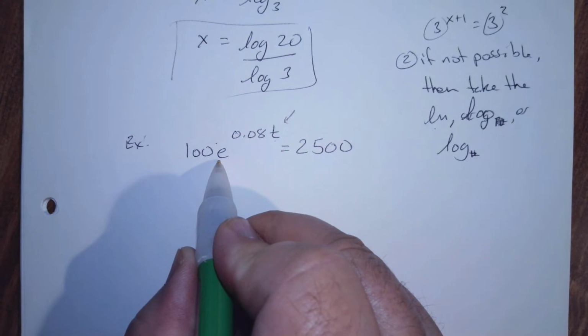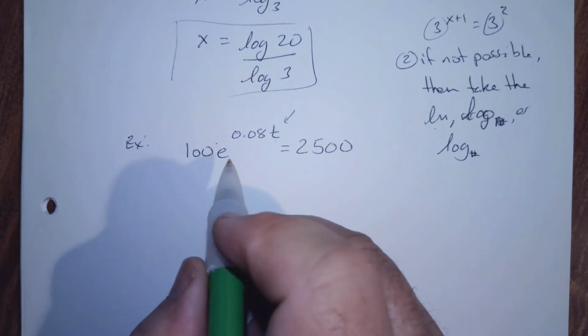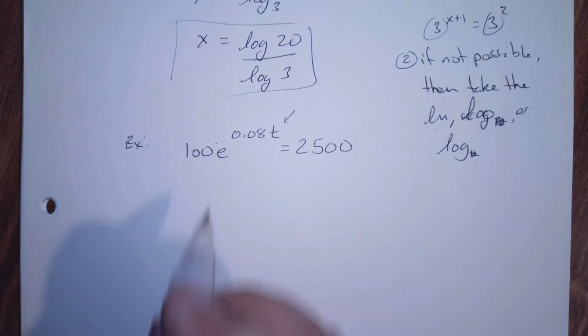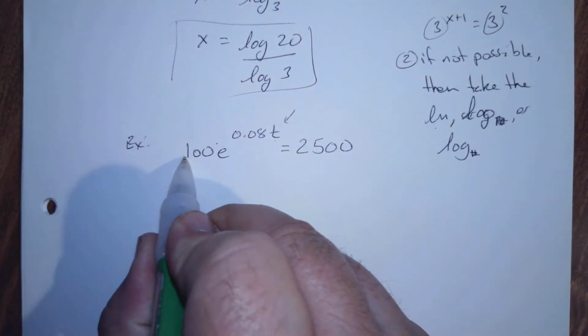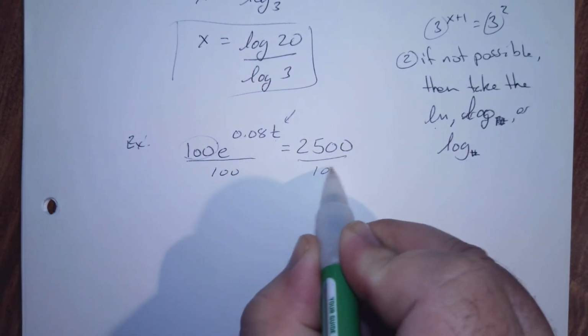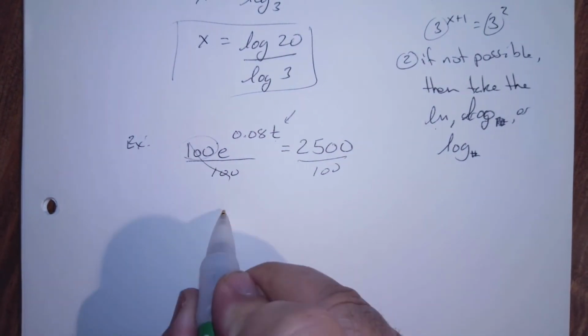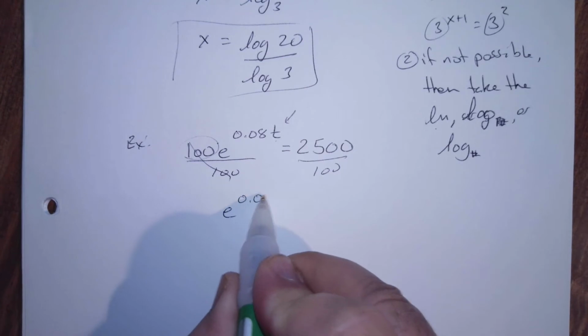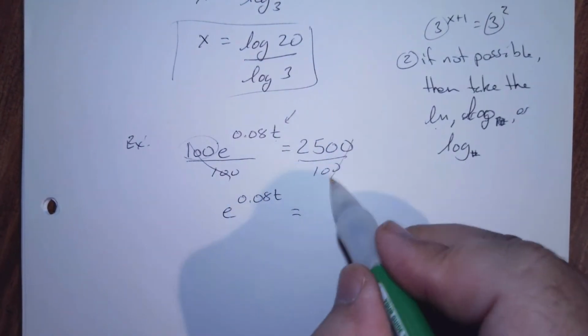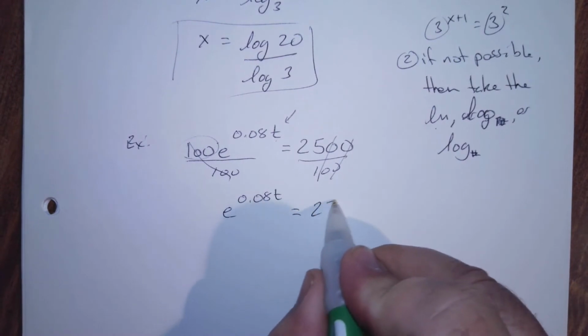Remember, e is a number, 2.718281. So we have to get rid of the coefficient by dividing both sides by 100. That gives us e to the power 0.08t, since 100 divided by 100 is 1, equals 25.